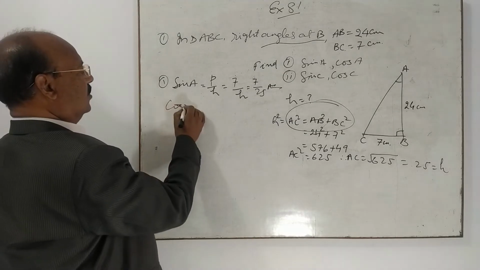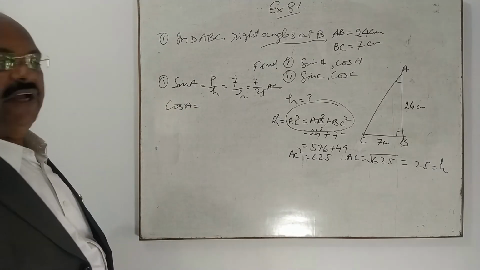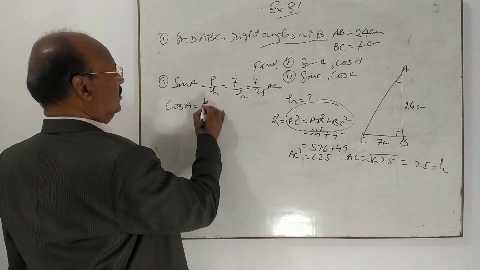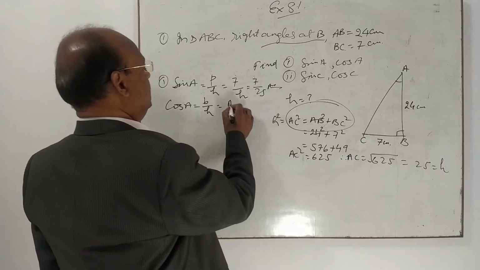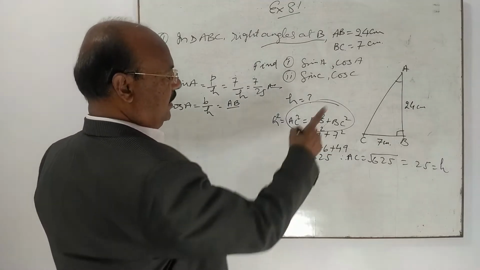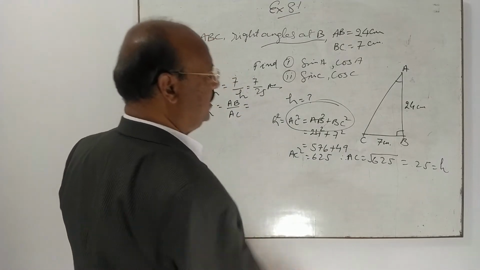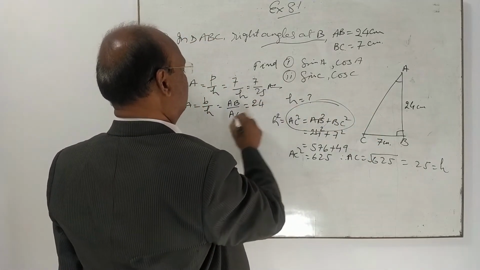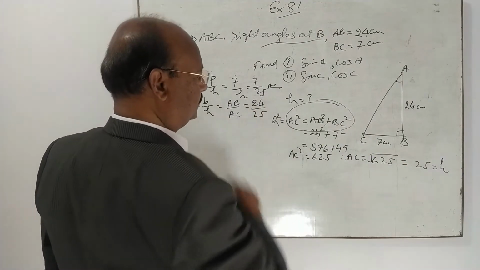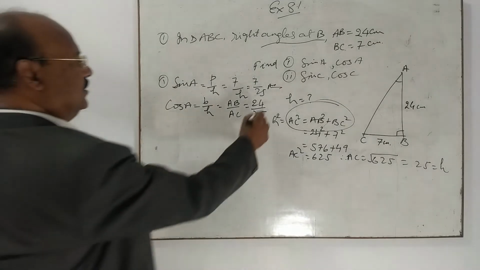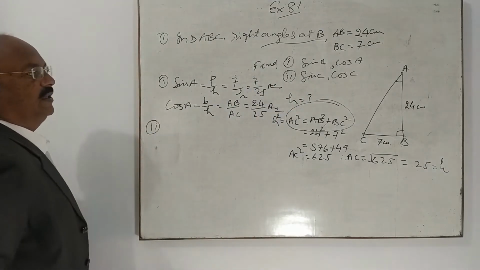Similarly, cos A is B by H. B is AB, which is 24, and H is AC, which is 25. This is the answer. Now let us come to the second part.